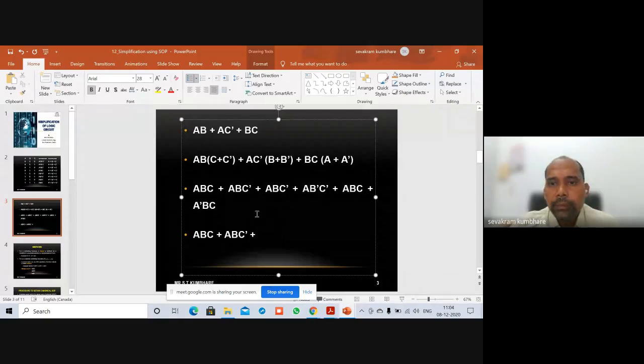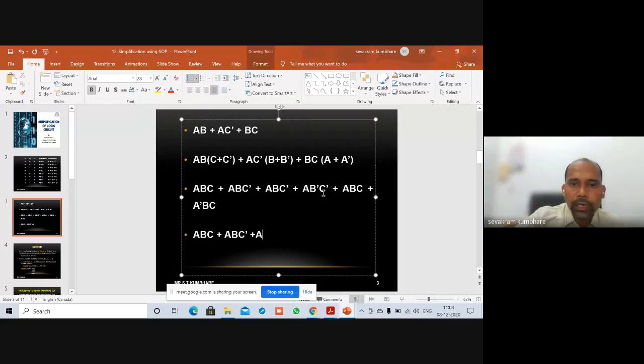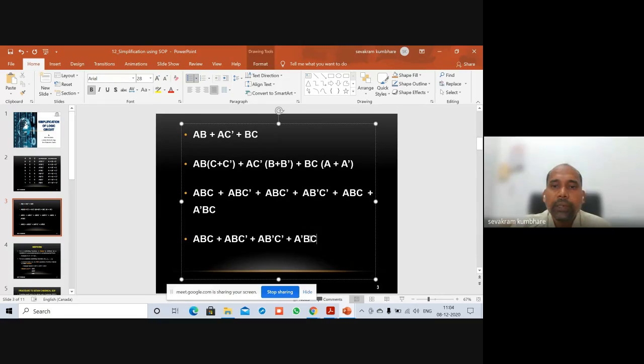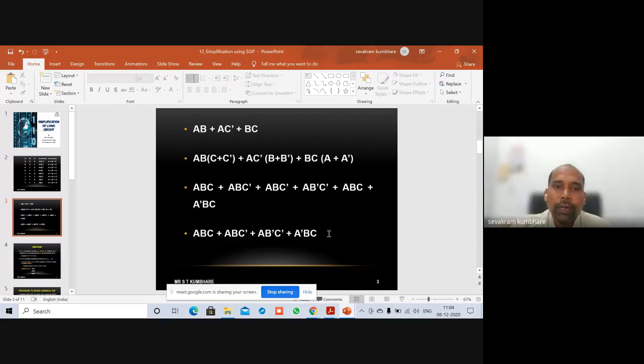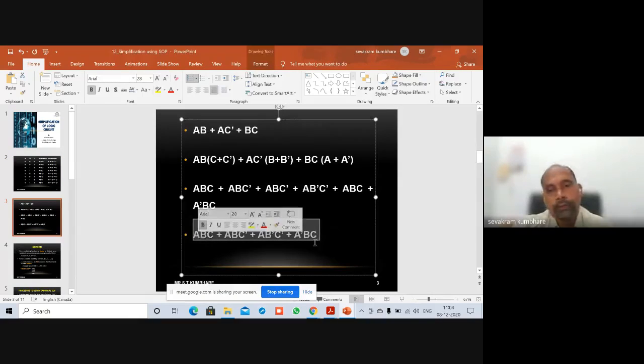AB bar C bar is a single time, and A bar BC is single. So ABC, ABC bar, AB bar C bar, A bar BC are nothing but canonical min terms, and this is the canonical sum of product.